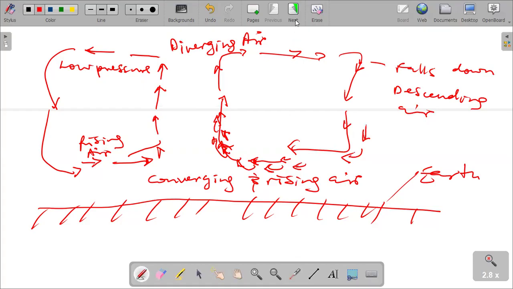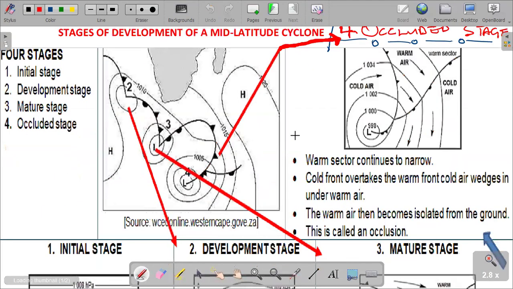Okay, we can therefore go next. I want to look at the stages that are necessary for the development of a mid-latitude cyclone. One thing that we need to understand is that mid-latitude cyclones go through 4 stages, from their initial formation up to their degeneration.